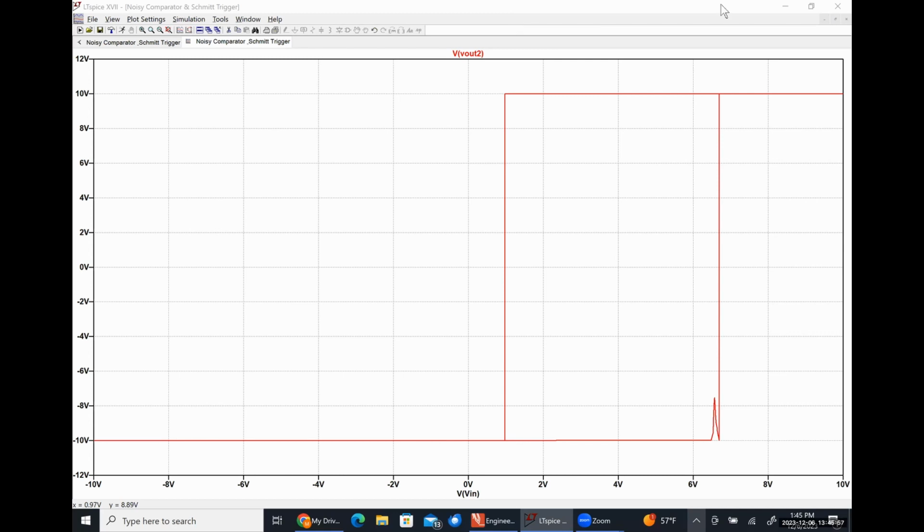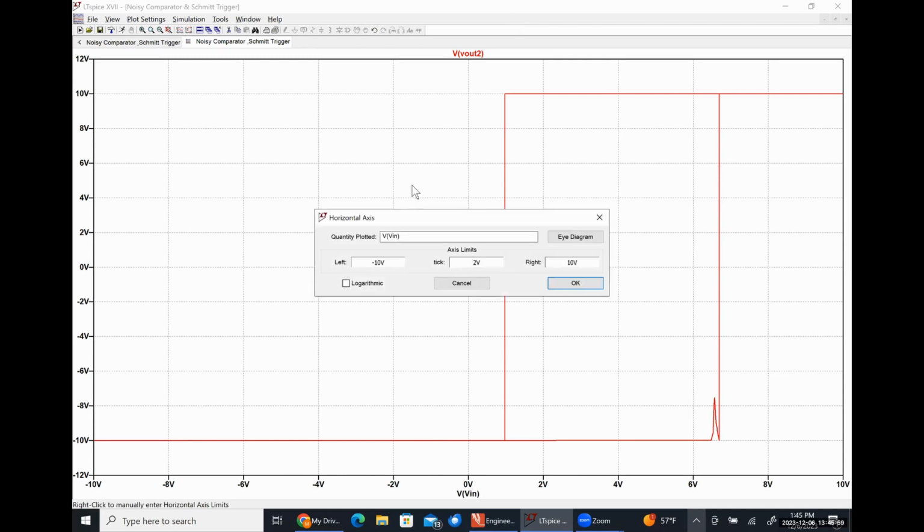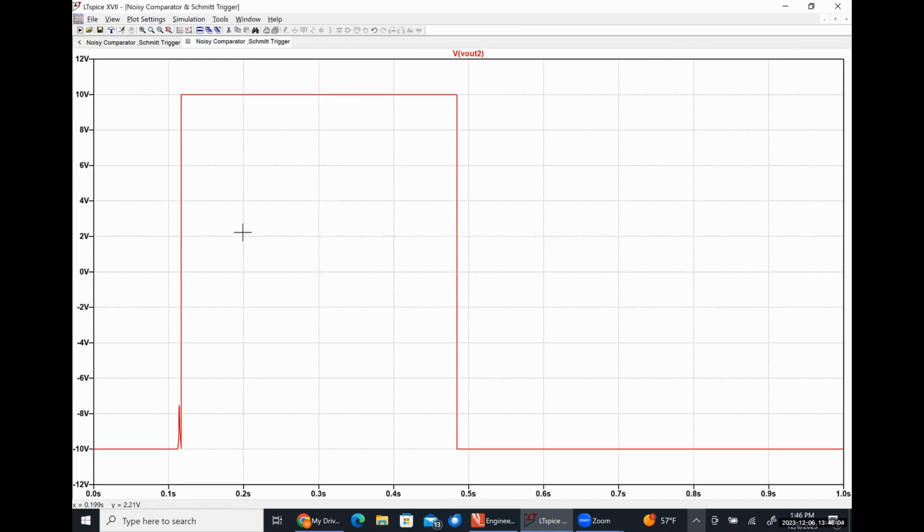If we look at it as a function of time, it's negative until some point where it's positive, but we really need to put the input voltage on the graph as well.